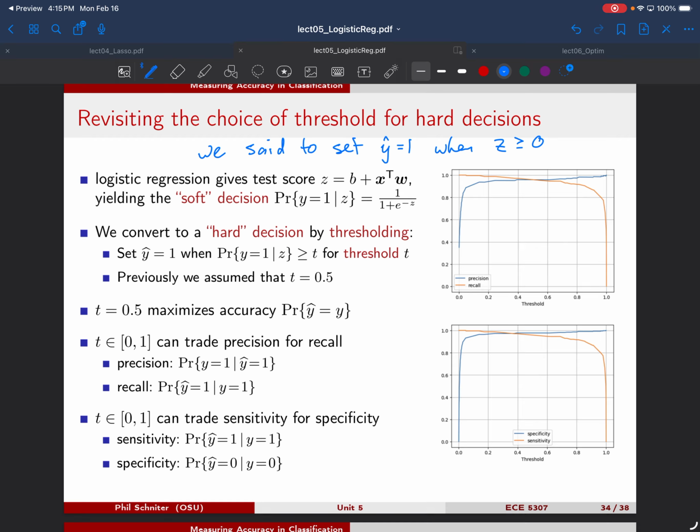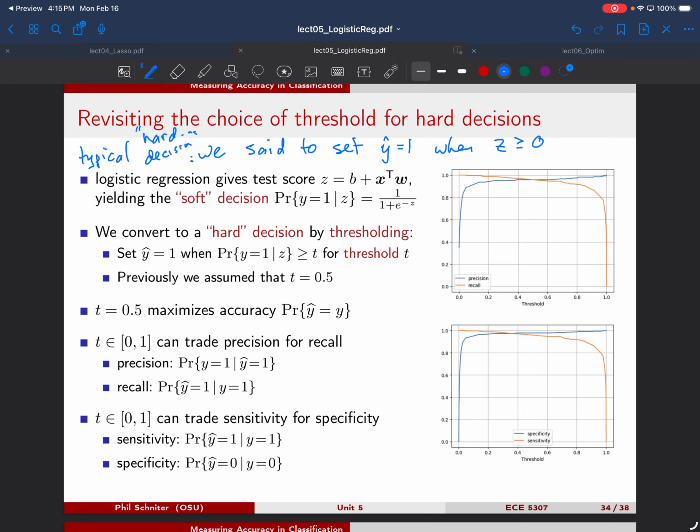Because when z equals 0, that is the boundary between predicting class 1 versus class 0. At least that's what we said to do. And so that's the typical, what we call hard decision.